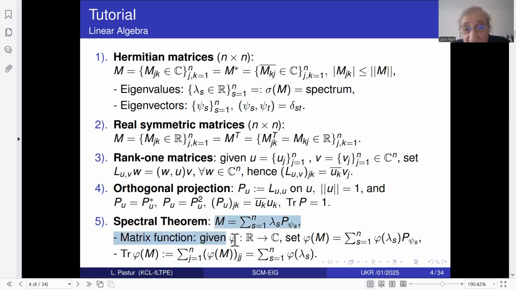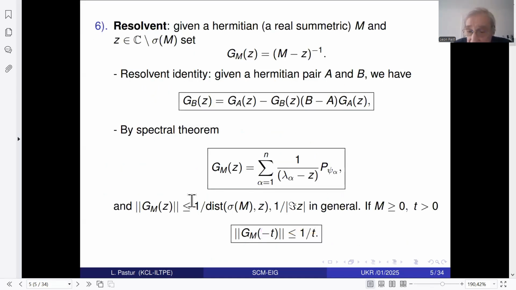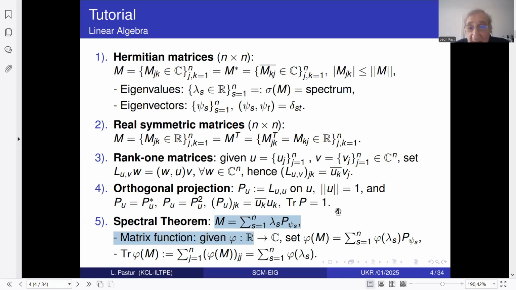Just take a function defined on the real axis, whose values might even be complex, and you write the function of the matrix. What is it? It has the same eigenvectors, but its eigenvalues are functions of the eigenvalues of the matrix M. And this formula again will be used many times.